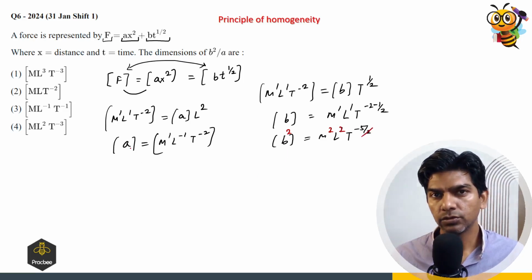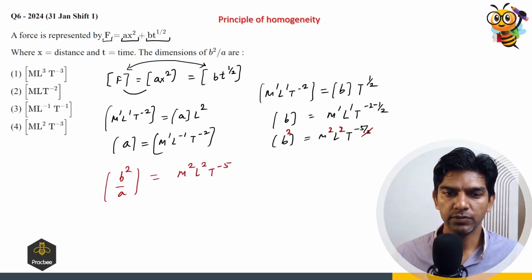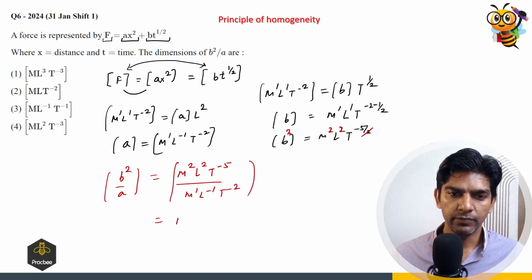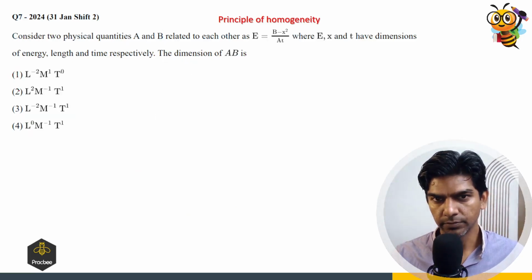Now we got dimension of a, dimension of b. Now let us find the dimension of b square by a, which will be M raised to power 2, L raised to power 2, T raised to power minus 5 divided by M raised to power 1, L raised to power minus 1, T raised to power minus 2. So this will give us M raised to power 1, L raised to power 3, T raised to power minus 3. So 1, 3, minus 3. So option 1 is the right answer.